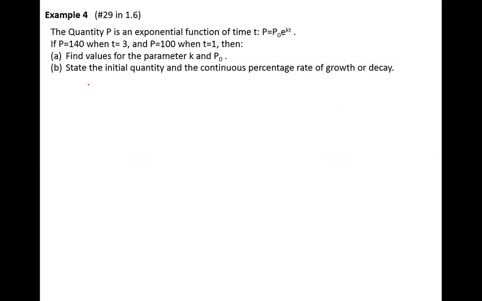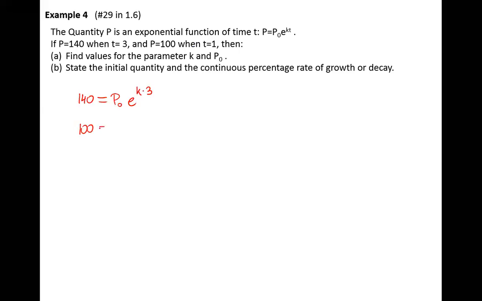Let's see what we can do. First of all, let's create an equation, or possibly a system of two equations. If the output is 140, I have my initial amount, P sub 0, times e to the power of the rate k times 3, because it was 3 years.